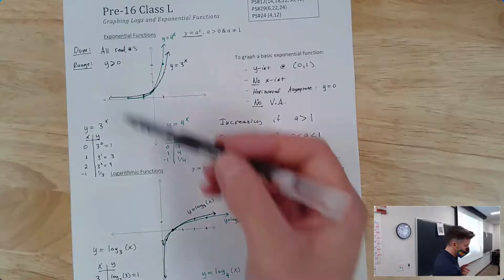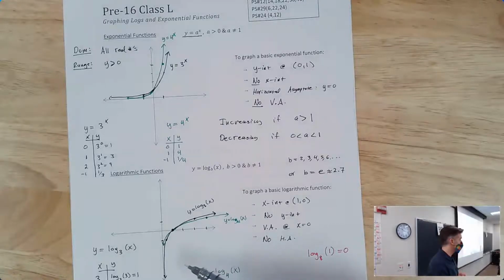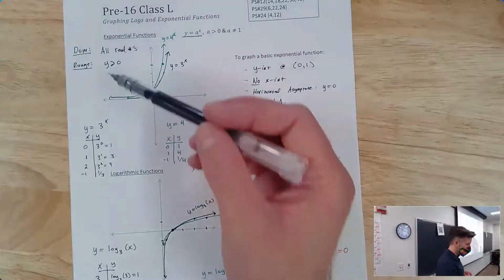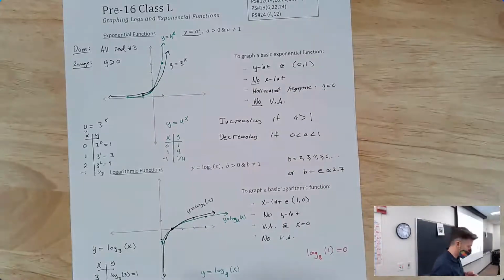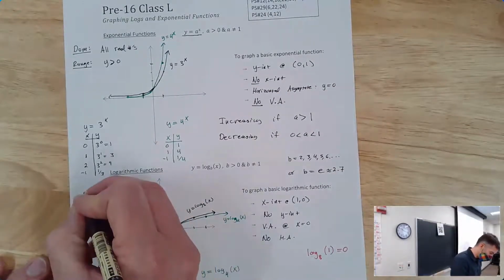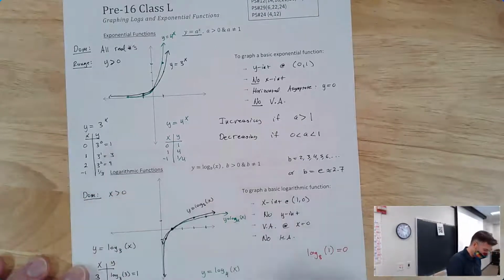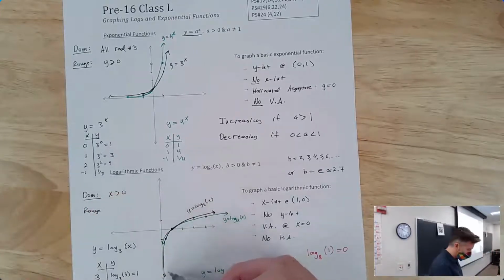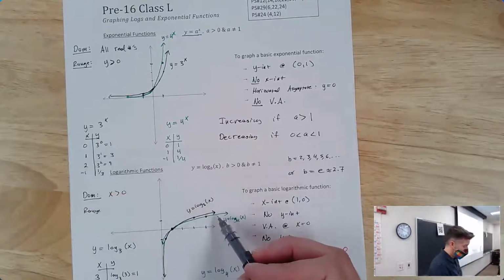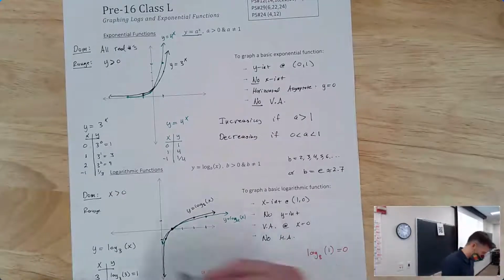So here, the domain being all reals means over here for this function, the range is going to be all real numbers. And here, the range being all positive numbers means the domain is going to be all positive numbers here. So over here for this logarithmic function, the domain is x greater than 0. And the range is, even though it doesn't look like we're going to get big very fast, and we're not, this function does get infinitely large. It just takes a super long time.